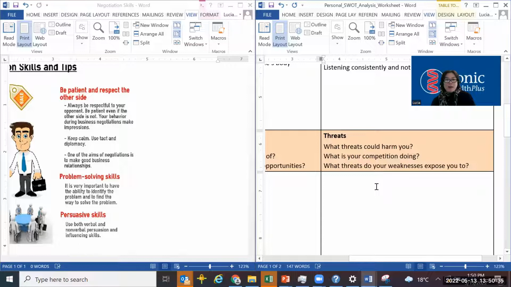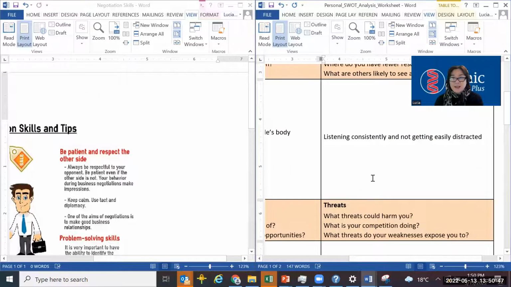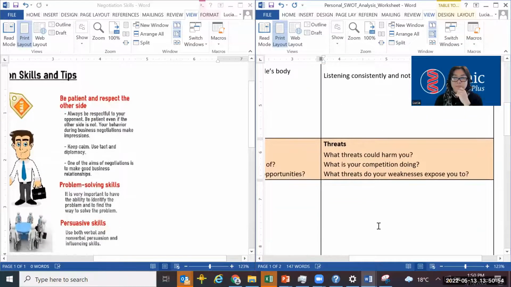Now, threat is about, if I didn't do anything with my weakness, what potential harm could happen to me? You know, so if I'm not listening consistently and I'm not getting all the messages that I'm meant to get to be able to negotiate my way to get the best outcome of negotiation meetings, there it is.